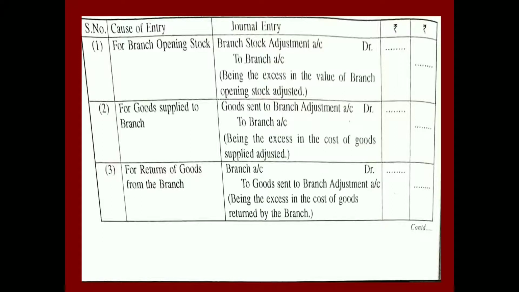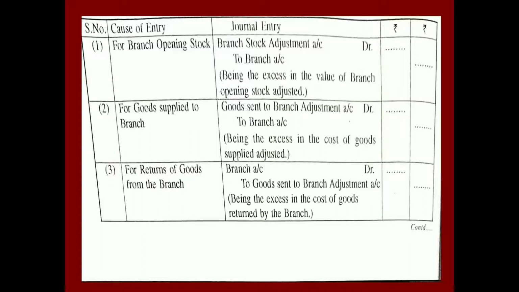Second, for goods supplied to branch: Goods Sent to Branch Adjustment Account Dr. to Branch, being the excess in the cost of goods supplied adjusted.